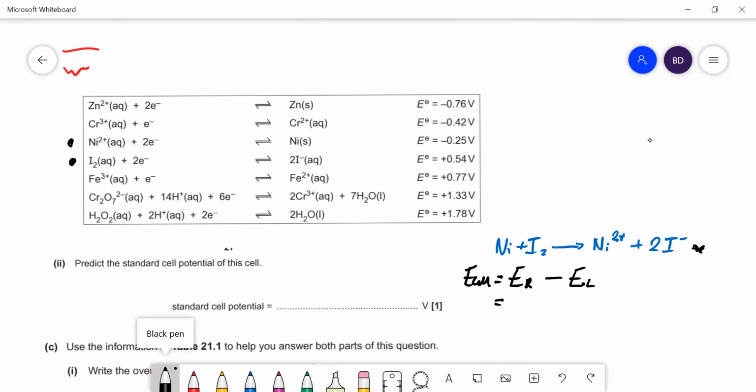Right, the value for the iodine is 0.54, and the nickel standard potential is minus 0.25, so that's going to give us plus 0.79 volts.